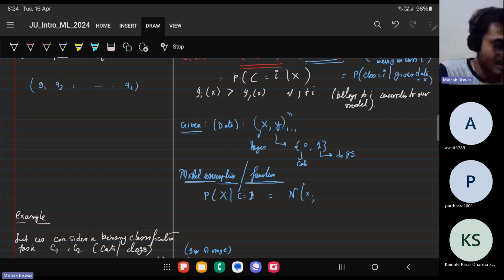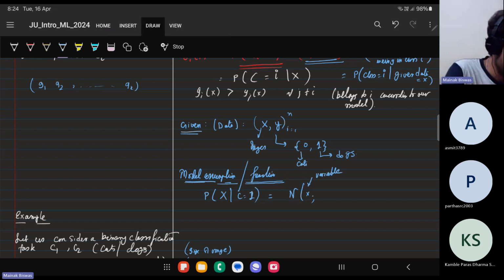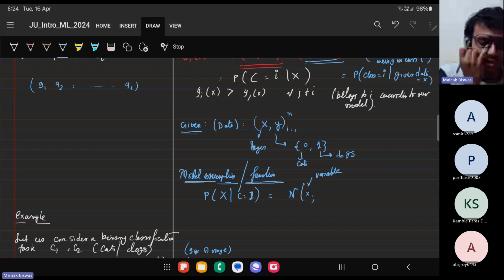Wherever I write X and put a semicolon, it is the variable.